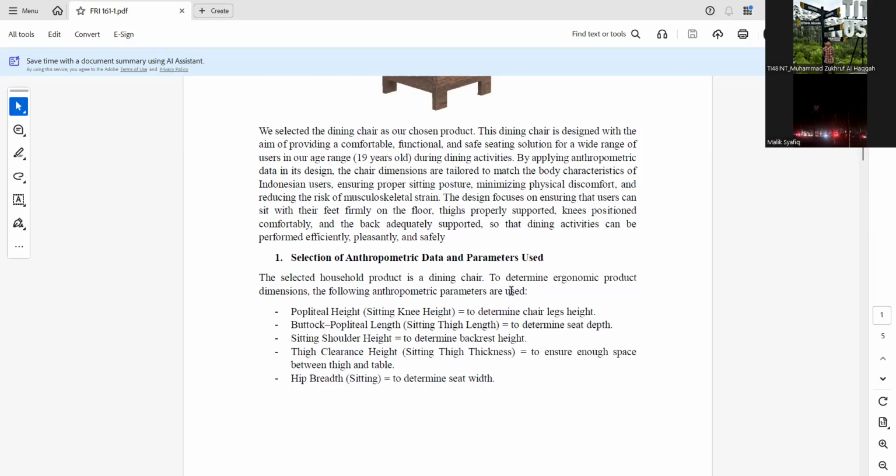The next one is the thigh clearance height, in order to ensure that there is enough gap between the thigh of the person sitting on the chair and the table, so it will be accessible and comfortable. And lastly, we use hip breadth to determine the seat width.